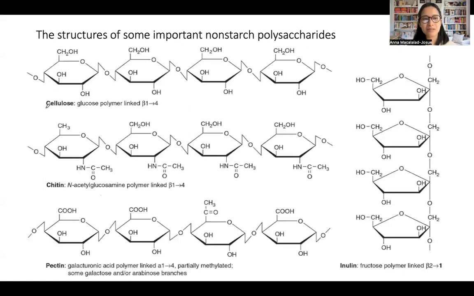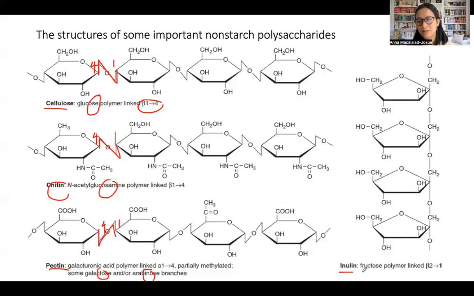So you see cellulose. This is the beta-1,4 bond. Chitin has the beta 1,4 bond as well, but the polymer is different. This one is N-acetylglucosamine and this one is mostly made up of glucose. And then you have your pectin. Also, this one is alpha 1,4 bond, but made up of galactose and arabinose branches.